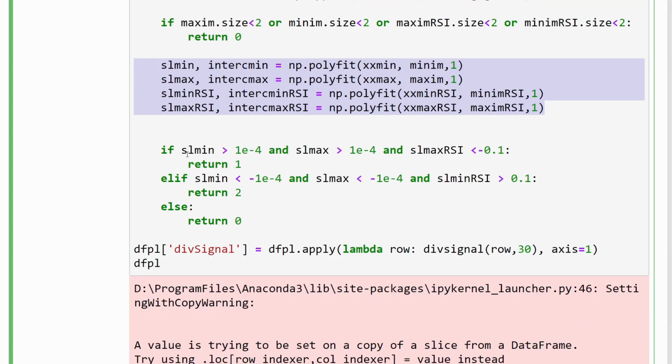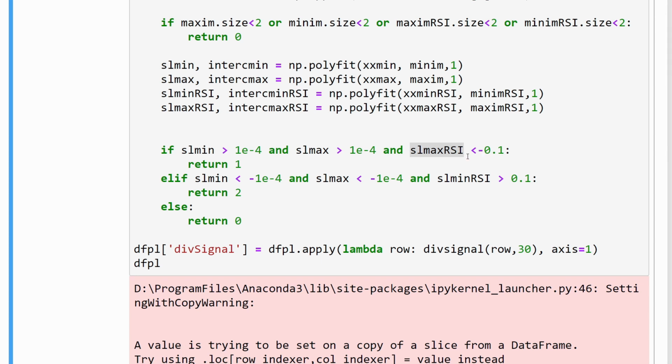Then I'm going to test if my slope of the minima of the price of the candles is greater than 10 to minus 4, meaning it's positive. And the slope of the maximum points is also greater than 10 to minus 4. So we have an uptrend in the price here. But at the same time, my slope of the maximas of the RSI is less than minus 0.1.